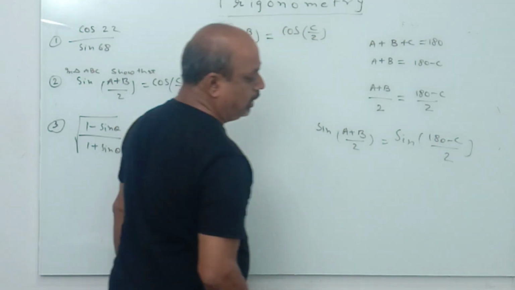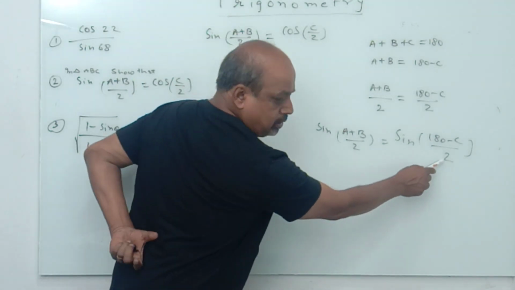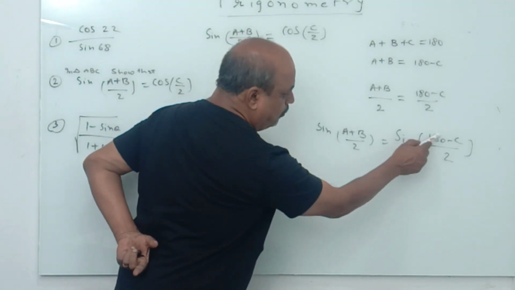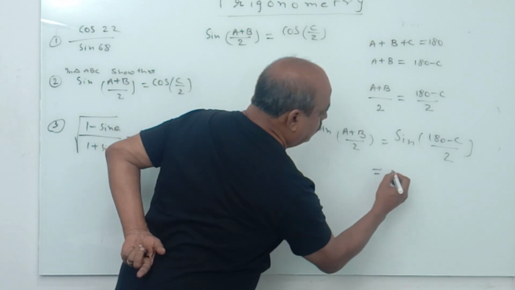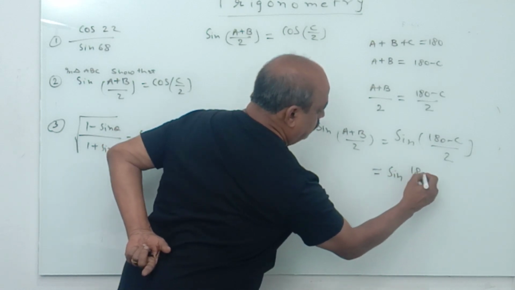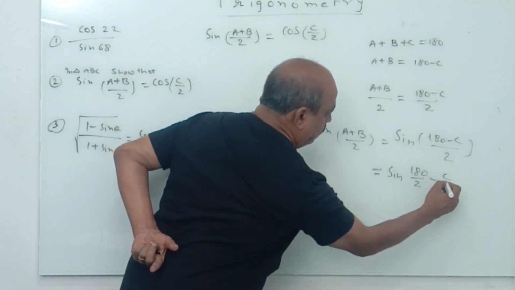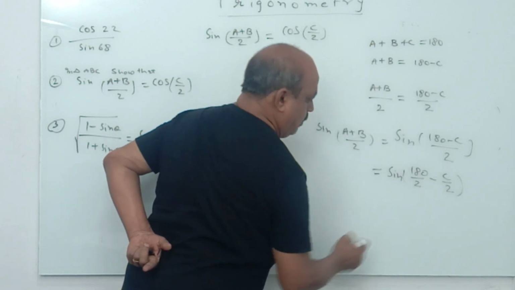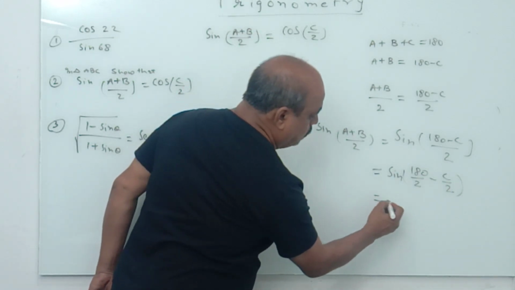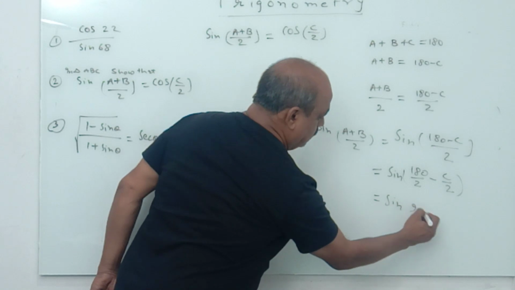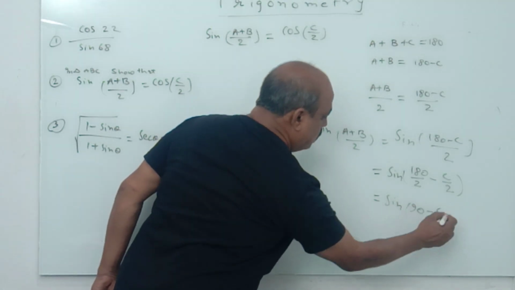Now here 2 is in the denominator, so you have to distribute this 2 to both. So it will become sine of (180 upon 2 minus C by 2). Clearly 180 upon 2 will become 90 minus C by 2.